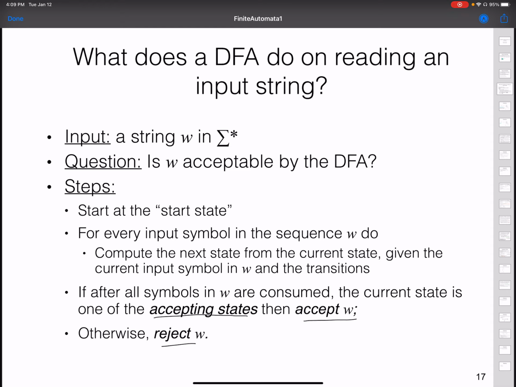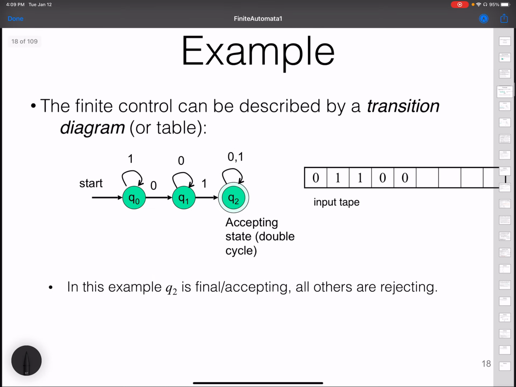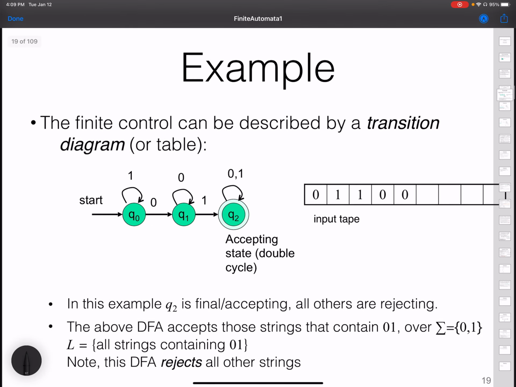If not, you will reject the string. And it is important that you read all the symbols of the string. If the finite state cannot finish all the symbols from the input string, it will crash, and you can assume this means that the finite state is telling you that the string has been rejected.